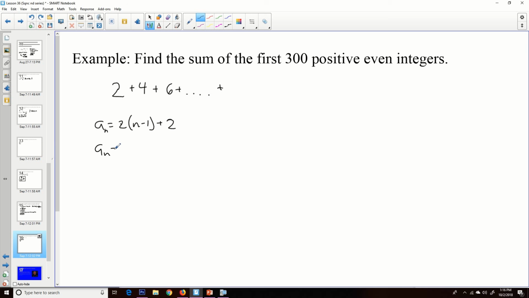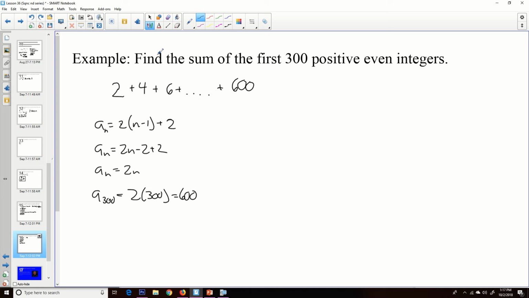And so a sub n equals 2n minus 2 plus 2. a sub n equals just 2n because those 2's cancel out. So if we want to find the 300th term, we want to find a sub 300. 2 times 300 is 600. So this last term here is 600.